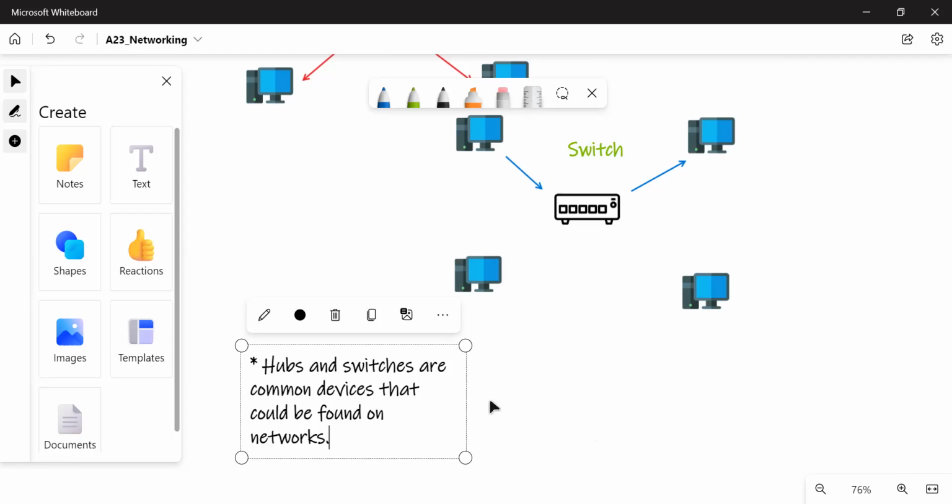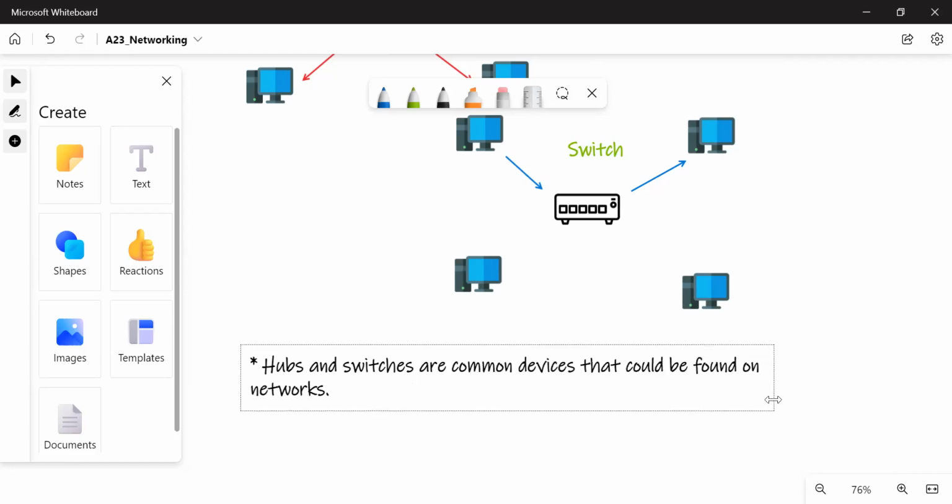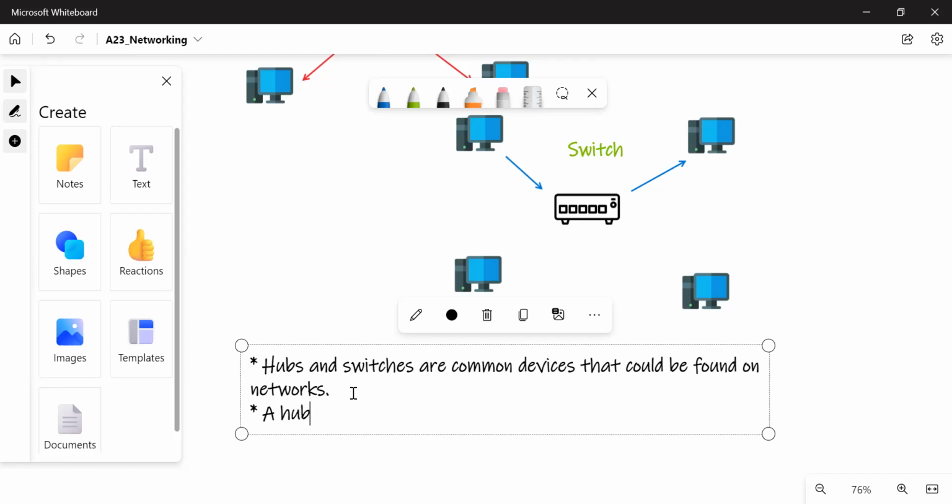That's the first point. So usually, commonly, you will see this in a network. The second point, a hub forwards incoming data to all outgoing connections.